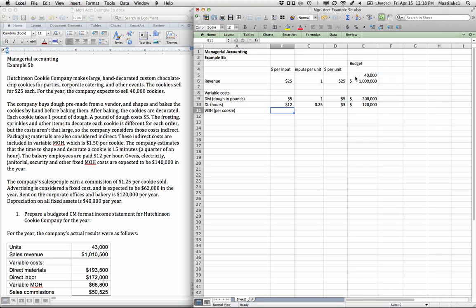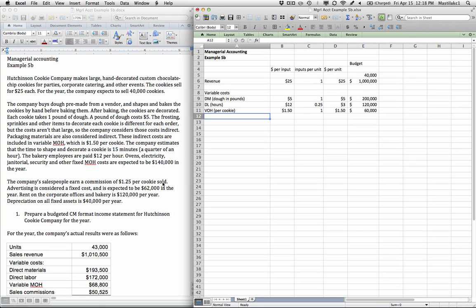Variable overhead, we're told our variable overhead is $1.50 per cookie, 1 unit each. And so this should be $1.50 per cookie. Total variable overhead should be $60,000. Do we have any other variable costs?